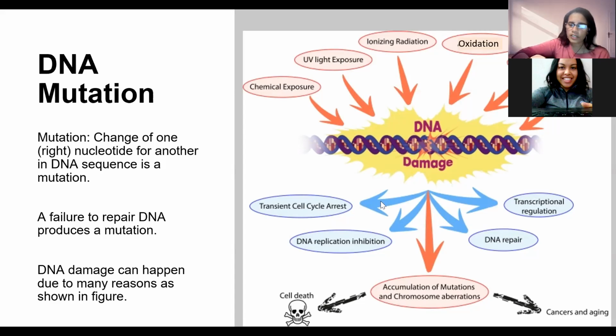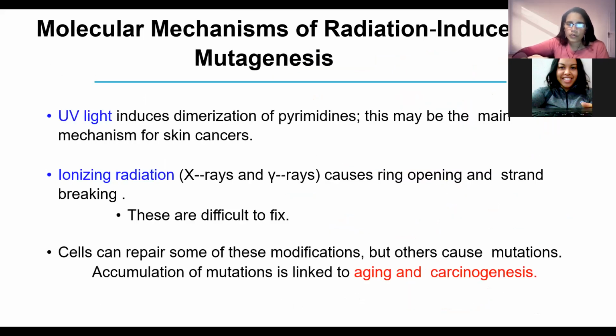For example, they can lead to cell cycle arrest or DNA replication inhibition. It can cause a lot of different things. It can even cause chromosomal damage, okay? And especially, you might have heard about the damage due to UV or radiation. So UV can cause the pyrimidines, the thymine, to join among each other, which is not the right thing to happen.